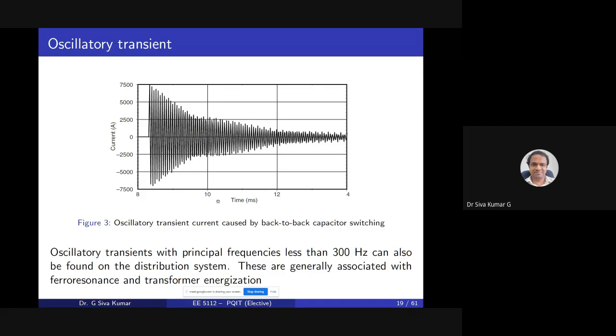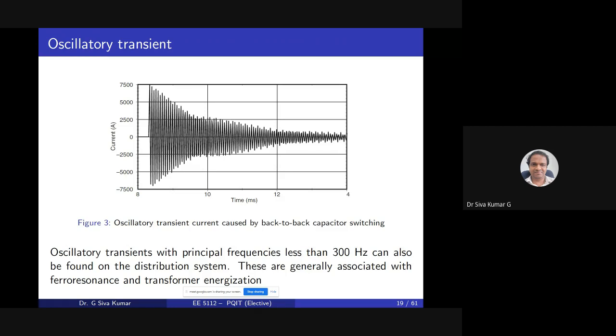This particular waveform is the oscillatory transient current caused by back-to-back capacitor switching. It is not only with respect to the current but also the voltage; in both there is a chance of occurrence in a system.